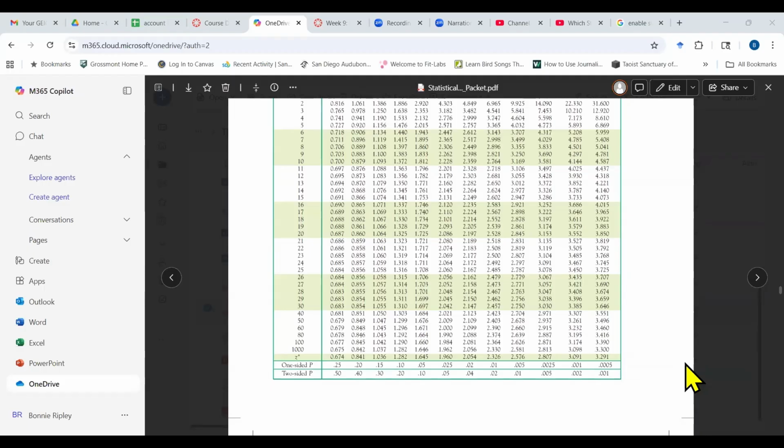All right, very small. Our next step: is p less than alpha? Our p is less than our alpha. Is p less than alpha? Yes.